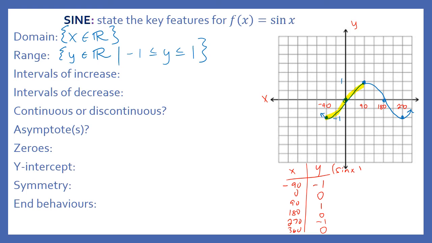Again, at those local max and min, nothing happens. It's just changing. So we don't include. Oops, don't want the highlighter, I want the pen. So from negative 90 to positive 90.